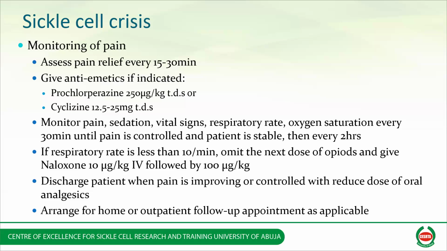If respiratory rate is less than 10 cycles per minute, omit the next dose of opiates and give naloxone 10 microgram per kg IV, followed by 100 microgram per kg. Discharge patient when pain is improving or controlled with reduced dose of oral analgesics. Arrange for home or outpatient follow-up appointment as applicable.